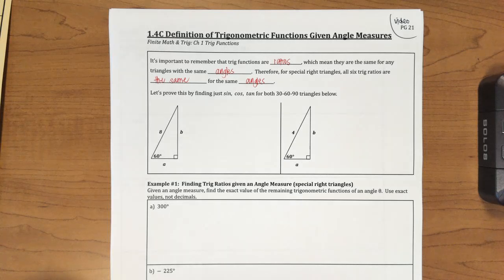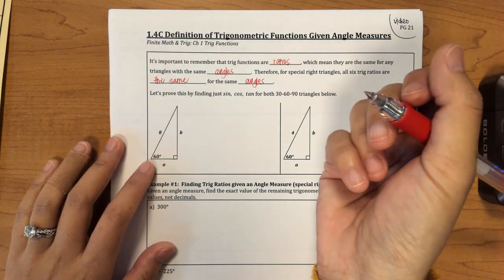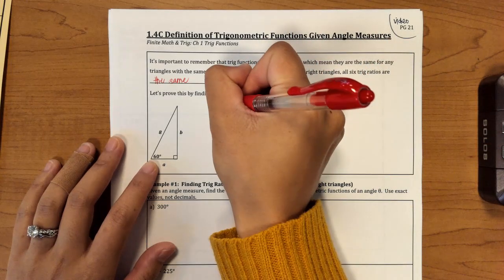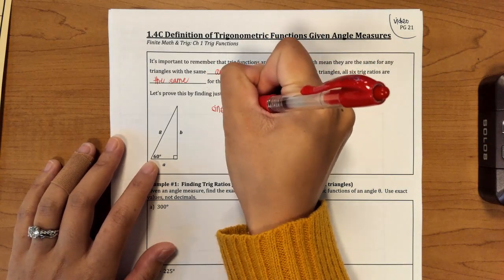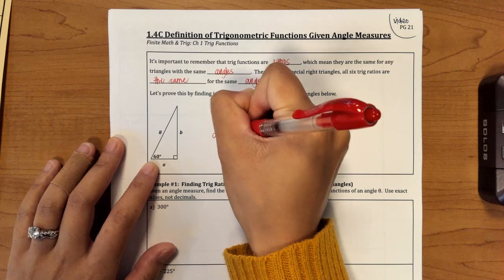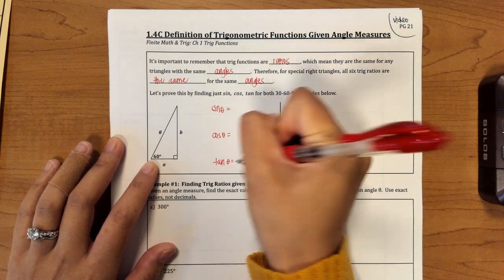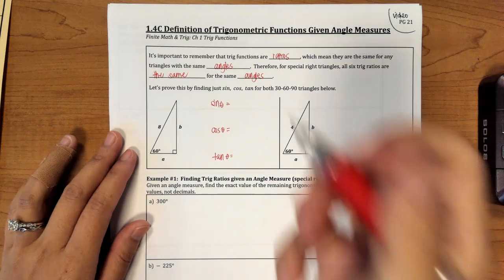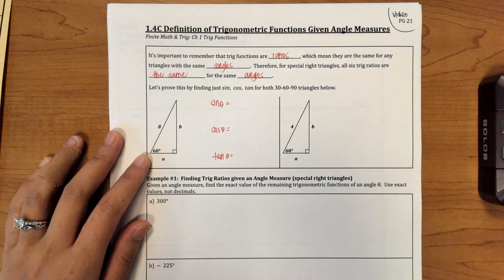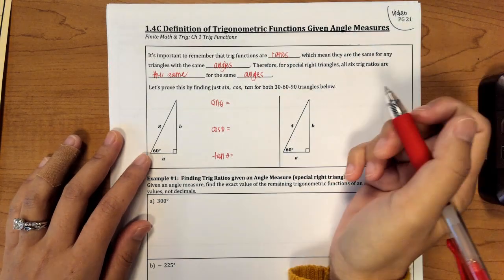We're going to find just sine, cosine, tangent. So we will have sine theta, cosine theta, and tangent theta. This will be for 60 degrees. I should say sine of 60 degrees, sorry.